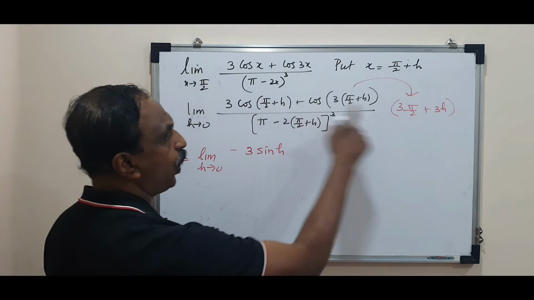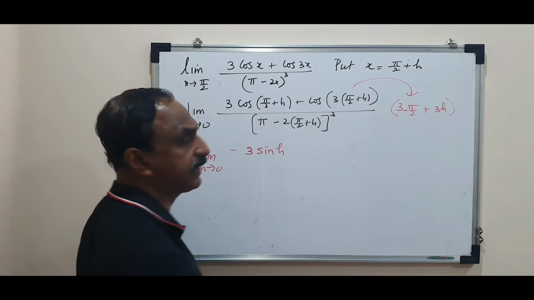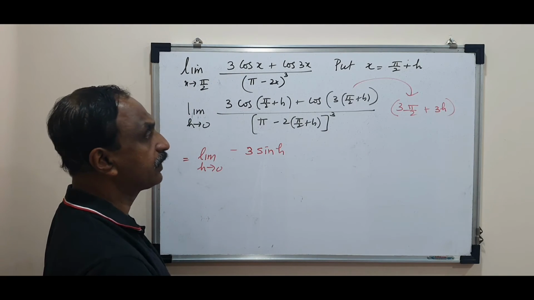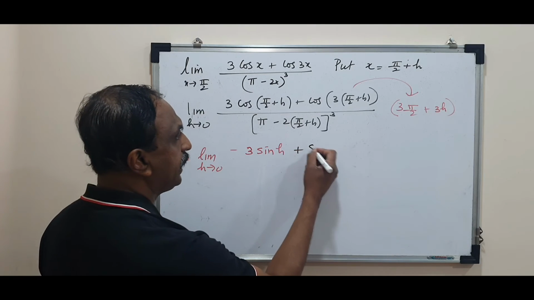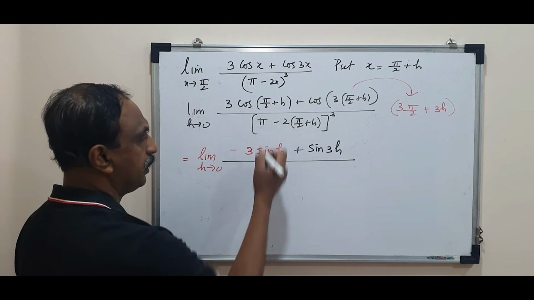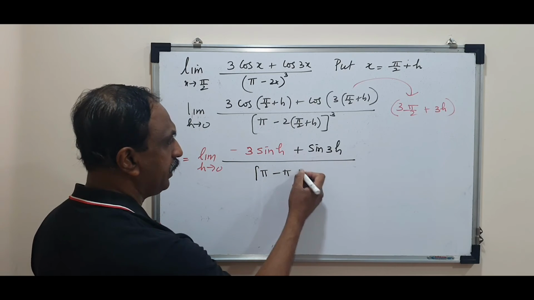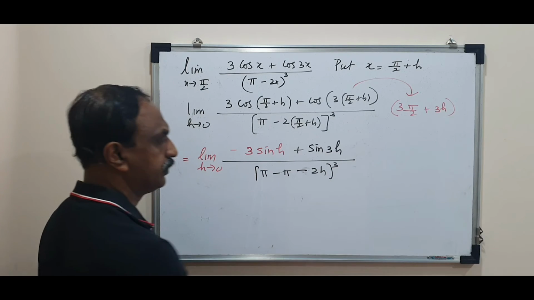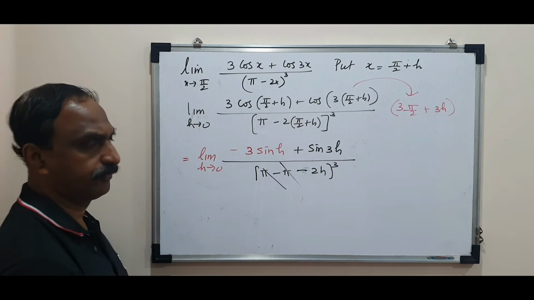You know that cos 270 plus theta comes in fourth quadrant, so cos is positive, but it will change to sine. So sine 3h divided by pi minus 2h the whole cube. So this will get cancelled.